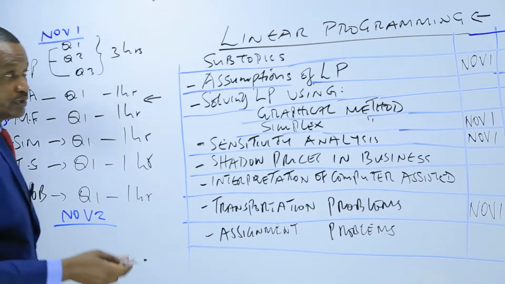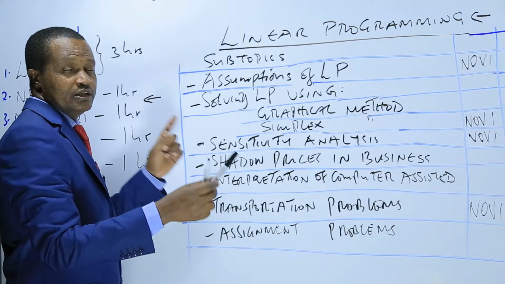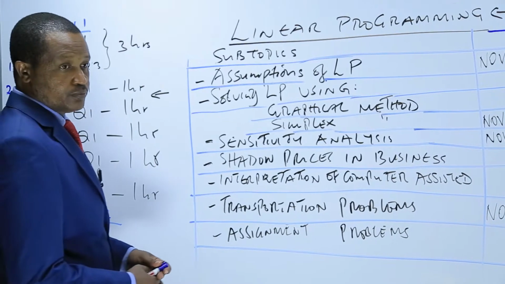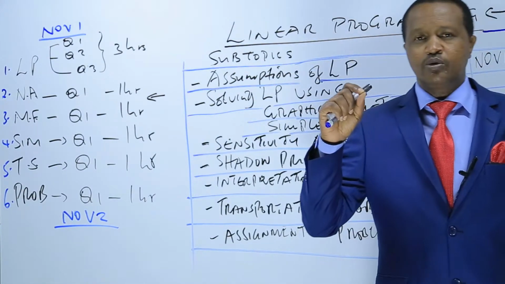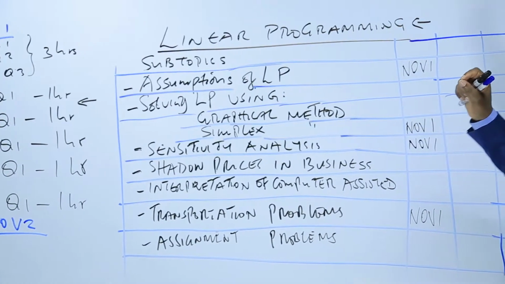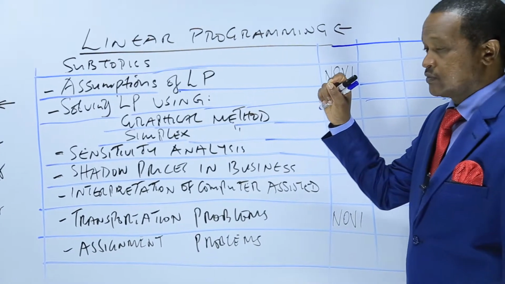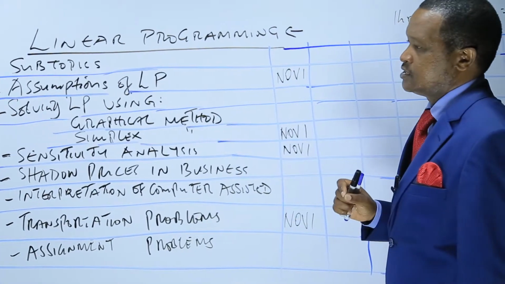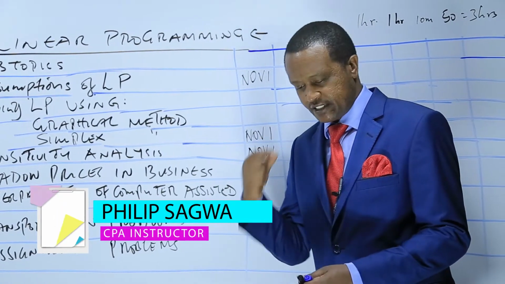That is, I'm assuming now you only have 1 subject. If you have many subjects, then you can interchange. So now I hope you have understood up to that point. November 1, I've revised 6 topics by testing myself.